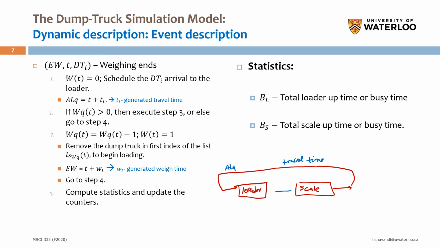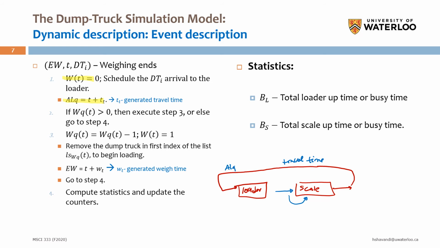And also we need to check the waiting line for the scale. If it's positive, I mean there are some dump trucks waiting in line, we need to schedule a departure event for serving the first dump truck in the line, and that's it. So here, at first we set the status of the scale to be idle, and then we schedule the arrival to the loader at time t plus tt based on the travel time.